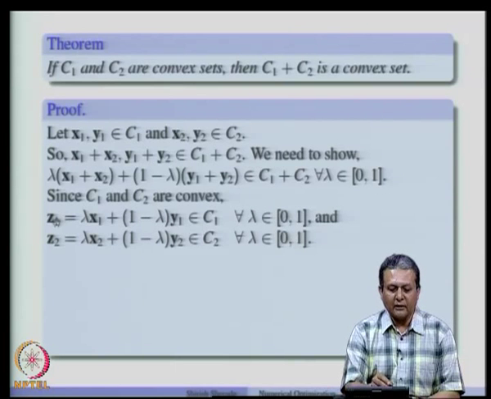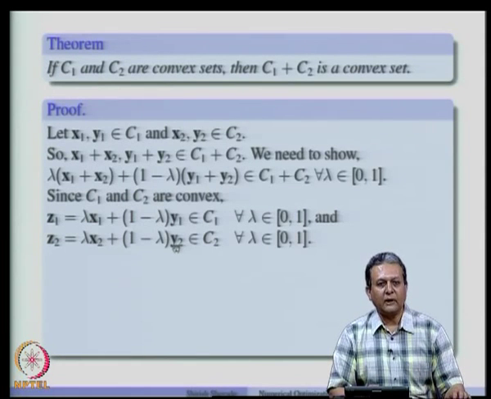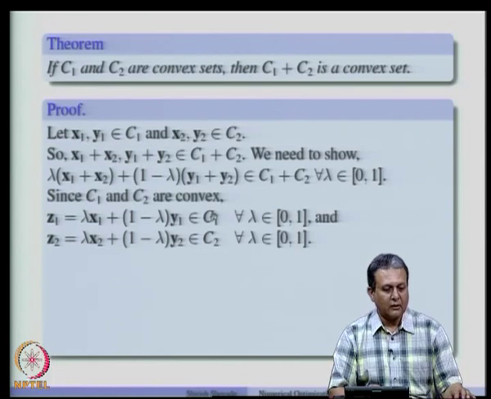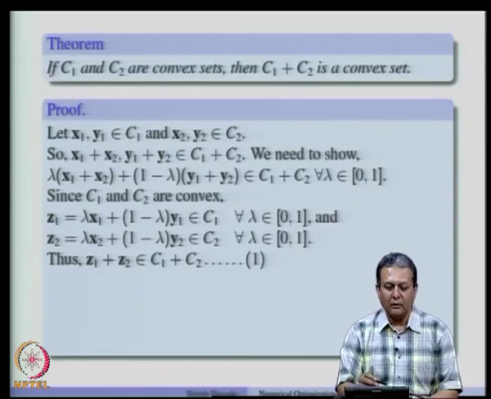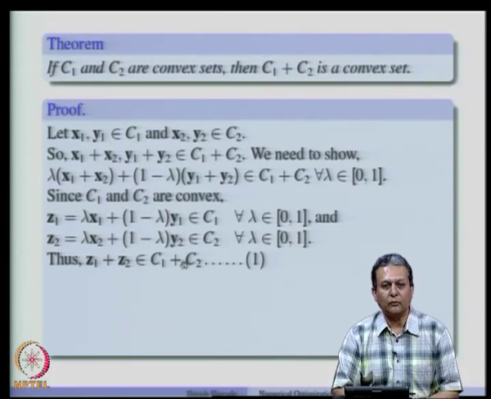Now we have a vector z1 which belongs to C1 and a vector z2 which belongs to C2. So, we can sum them up. z1 plus z2 will belong to C1 plus C2. This is the important point. And what is z1 plus z2?